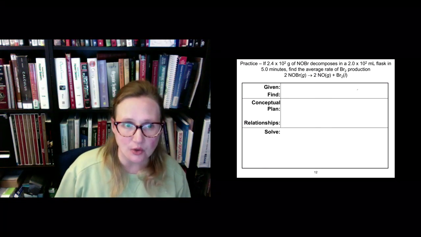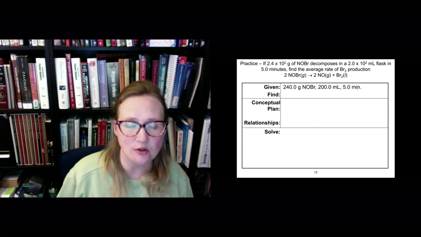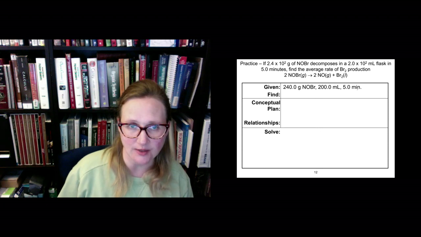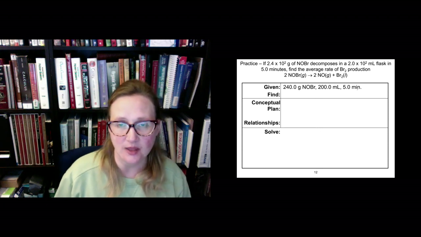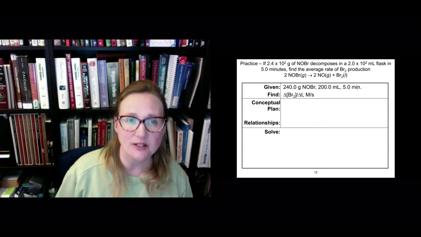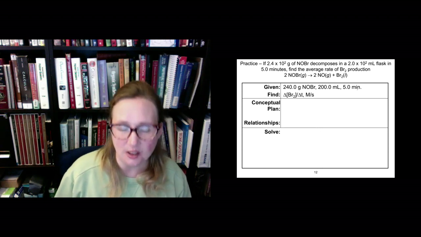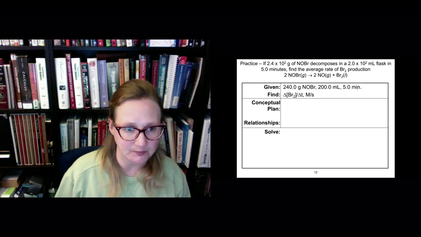Okay, so let's take this apart a little bit. So what do we have? We know we have 240 grams of NOBr, so that's our reactant. We know we have a 200 mL volume and that the time is 5 minutes. So let's think about what we need to find. Well, we need to find the rate of change of bromine in molar per second.